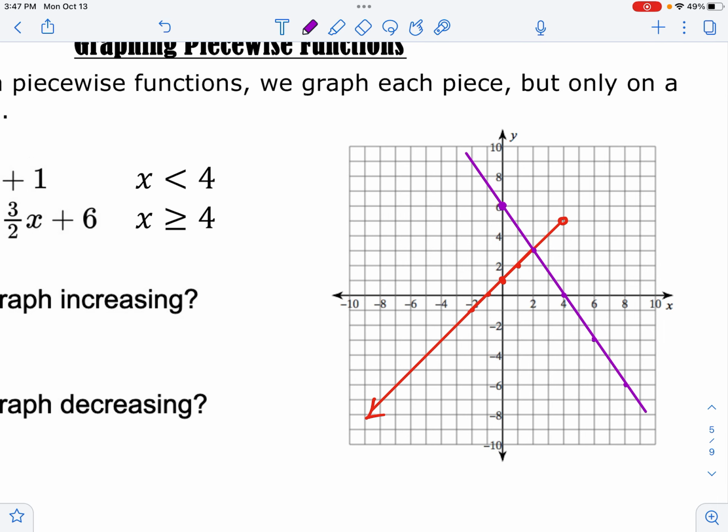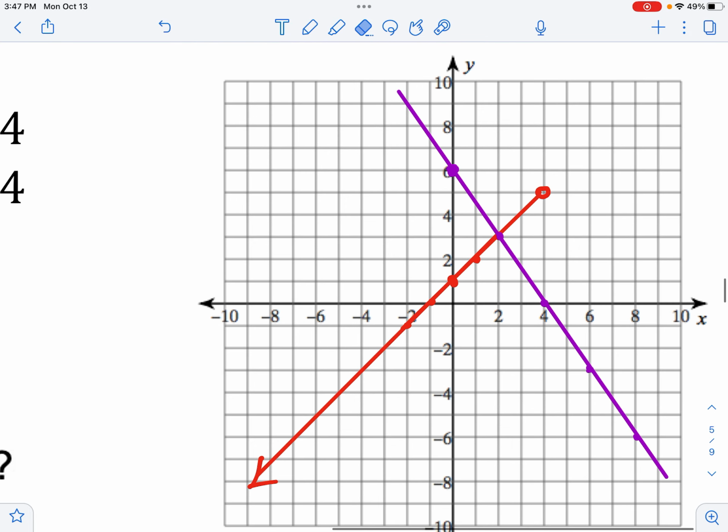That's that line. But it says I want to keep that only when x is greater than or equal to 4, which is right there when my x is 4. So I'm looking at, here's this line where x equals 4. I want everything to the right of that. Okay, so I got some erasing to do again. I need to keep the right part of it.